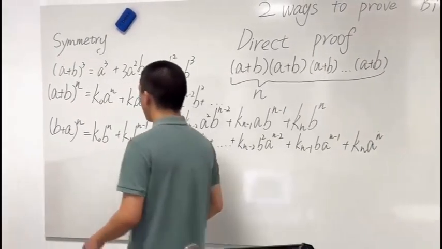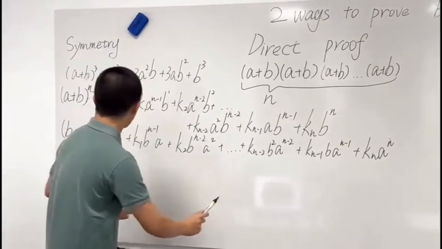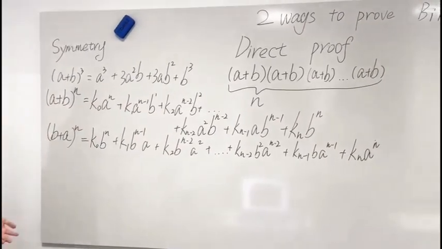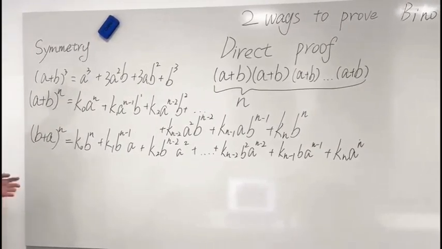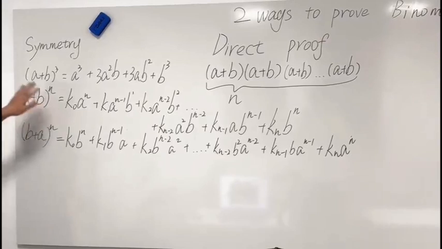So according to the first equation, we can write the second equation. So we know that (A plus B) to the power of n is equal to (B plus A) to the power of n. Therefore, it means it's always equal.